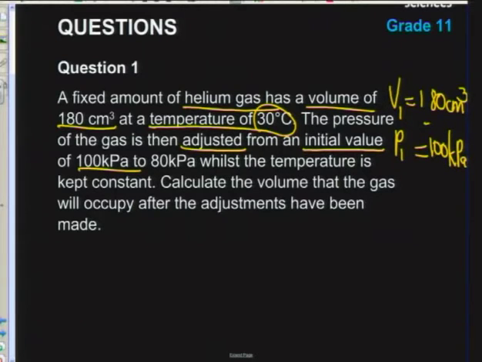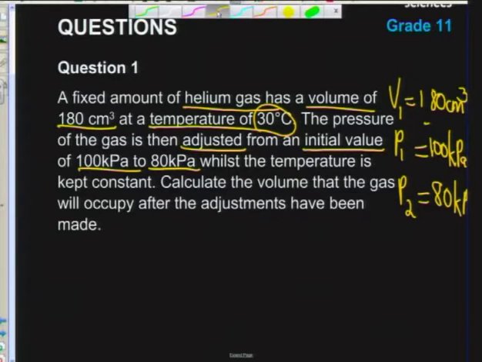And then this is adjusted to a value of 80 kilopascals. So we've got our pressure 2, or the second pressure, to be 80 kilopascals.